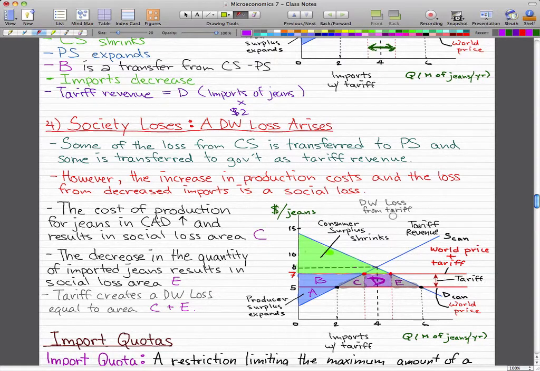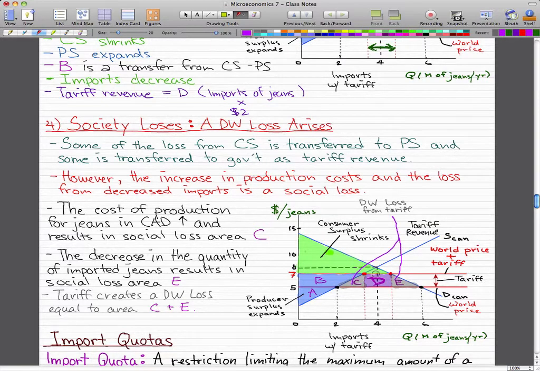So this is our deadweight loss. As you can tell, the deadweight loss is always colored gray for me, but the most important part is not to know that the decrease in the quantity of imported jeans results in social loss area E. Well, actually, this is kind of important, but if you know how to make this graph, then you should be good for any test that your professor will throw at you.